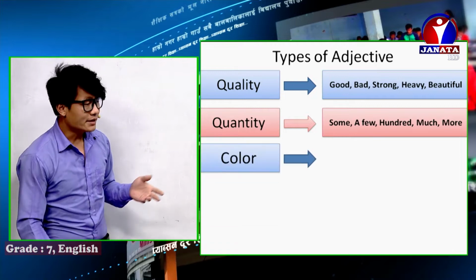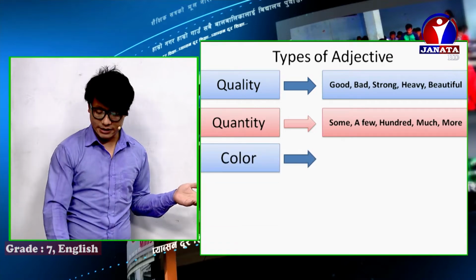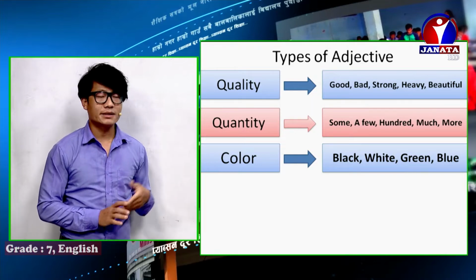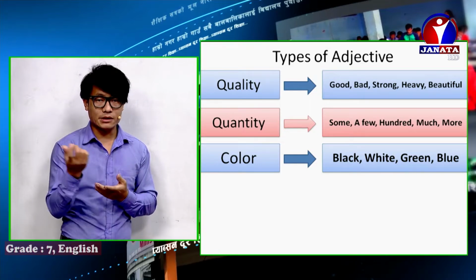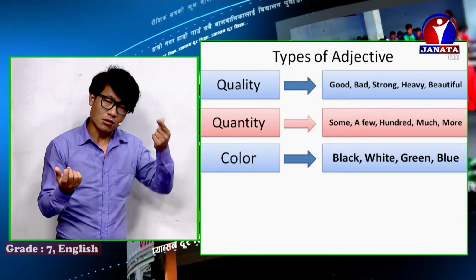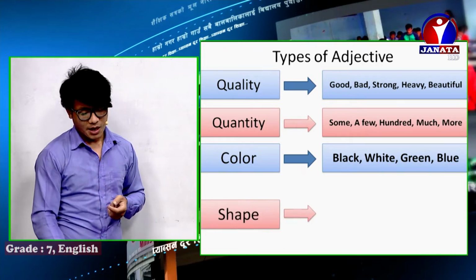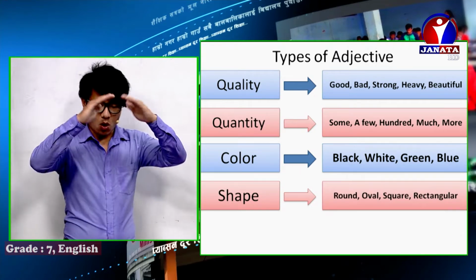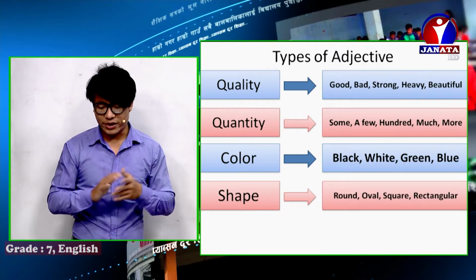Next is color. Obviously there are 12 colors generally. So black, white, green, blue. If it is a color, then obviously that is the color type of adjective. Next is shape, like round, oval, square, rectangle.